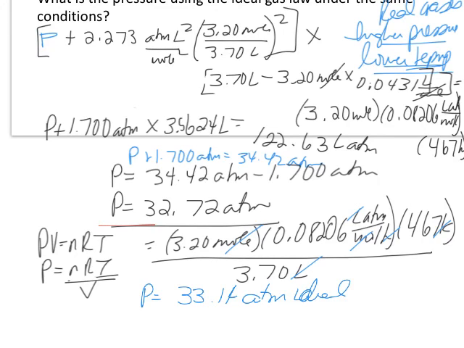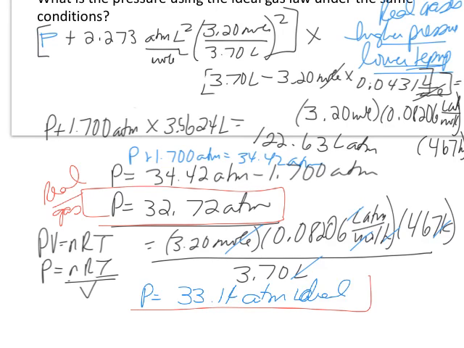So compare the two. This is the van der Waals, which we call real gases, and this is your ideal. That means the pressure is higher for the ideal than for the real.